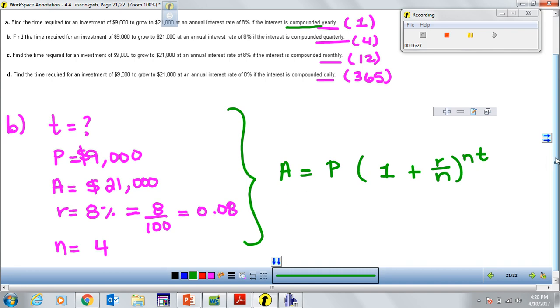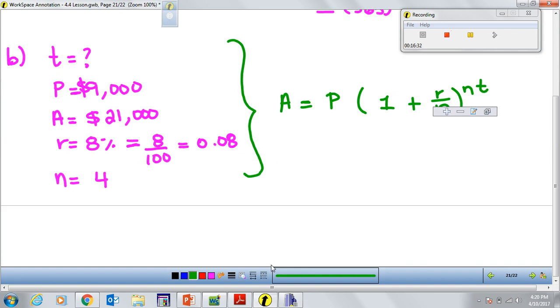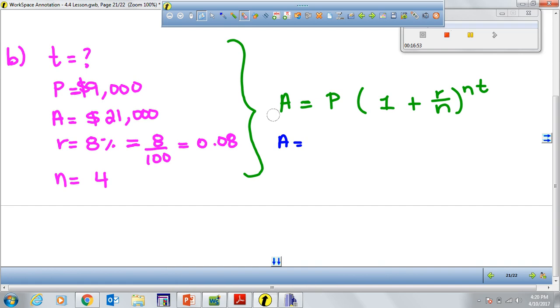But if it doesn't say continuous, it just says compounded something else, this is the formula you're going to use for compound interest, for calculating an amount of money that is going to be earning interest, in this case, 4 times within a year. So all you need to do is substitute. I'm looking for the time, so then the A stays the same. Oh, the A is 21,000.